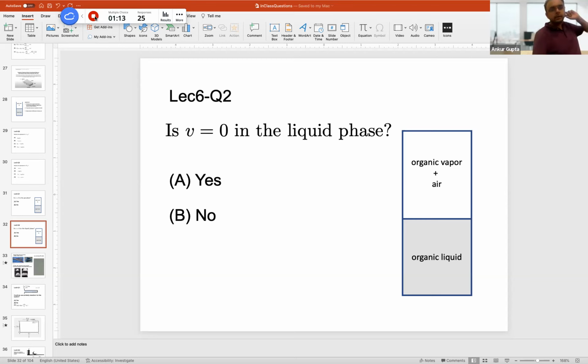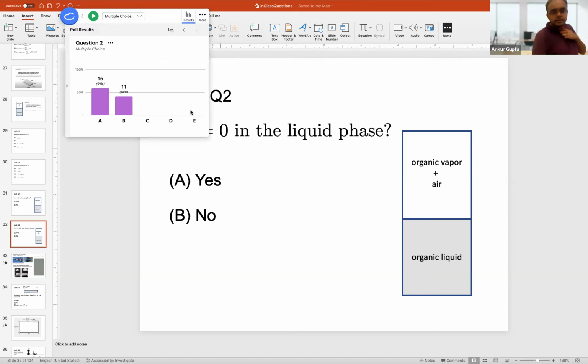Let's quickly get here. All right, so let's look at the results. So it's again split. So I will let you talk to each other and let's see if we can change each other's mind. Okay, so talk to each other and let's discuss this again. What do you think happens in the liquid phase?